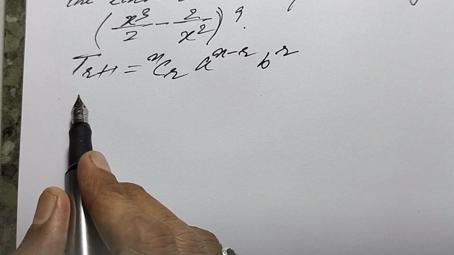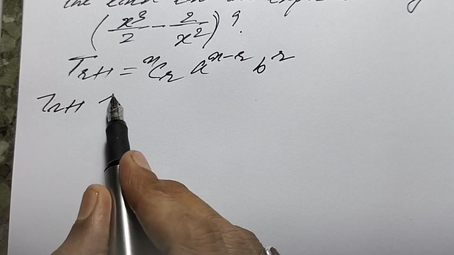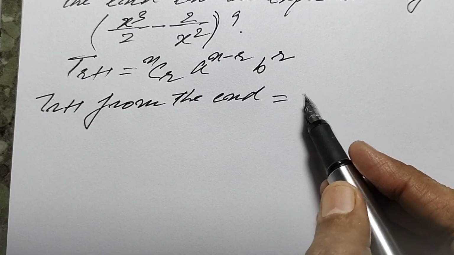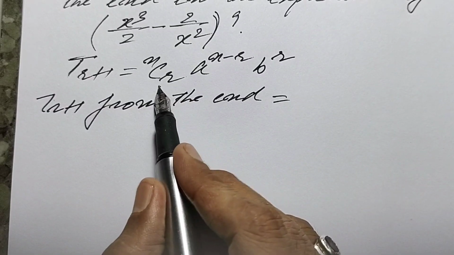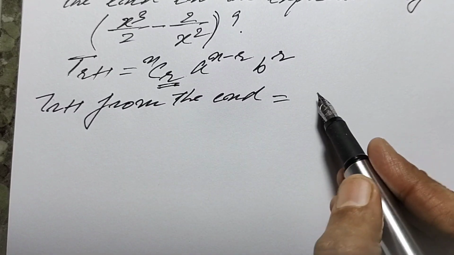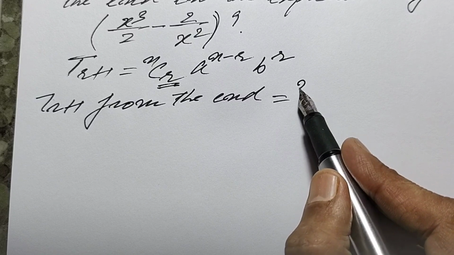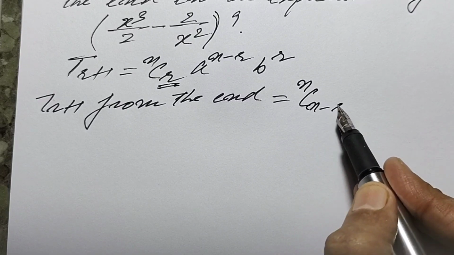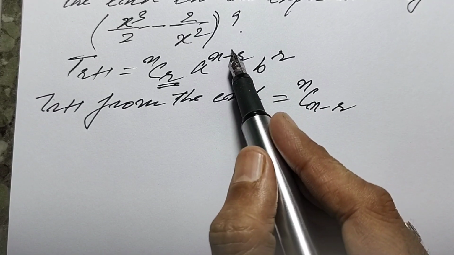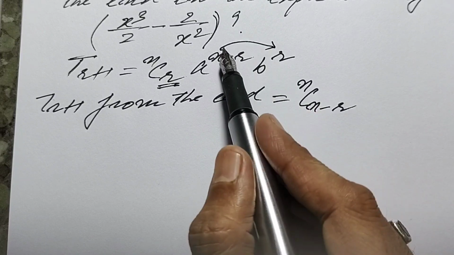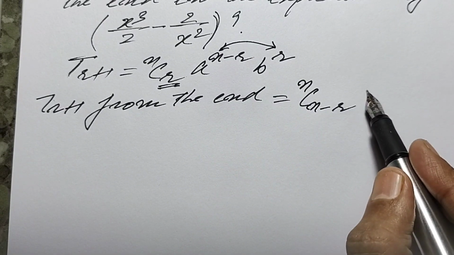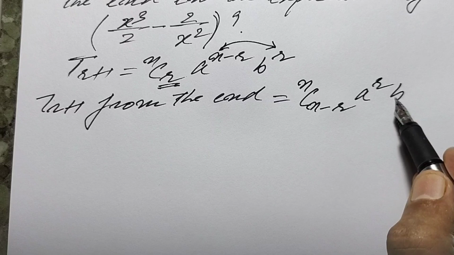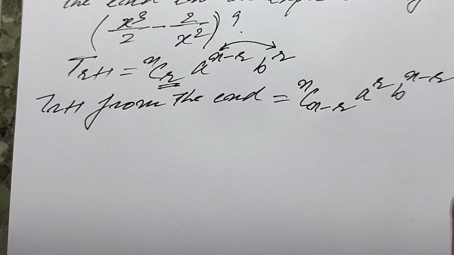And if we write T(r+1) from the end, then what we have to do, we have to replace r by the difference of prefix and suffix, that is n minus r. So we write nC(n minus r). Second thing we have to do, we have to interchange these exponents of a and b, so there will be a raised to the power r and b raised to the power n minus r.